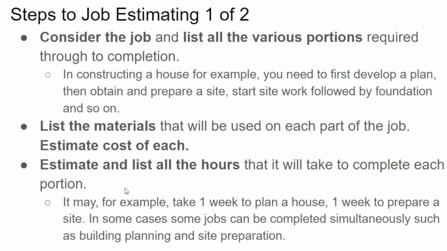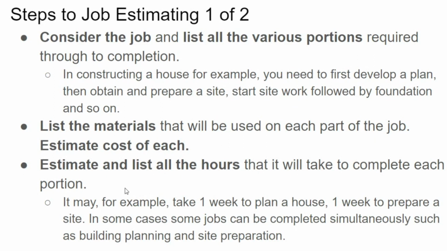So in order to do the estimate, you need to go through a series of steps. You need to say, okay, what is the job, and what are the various portions required to bring that job through to completion? You have to visualize it in your mind. If someone comes in and says, I want a propeller made, you know you have to buy some steel, put it in the lathe, machine it, drill holes in it, and finish it somehow.